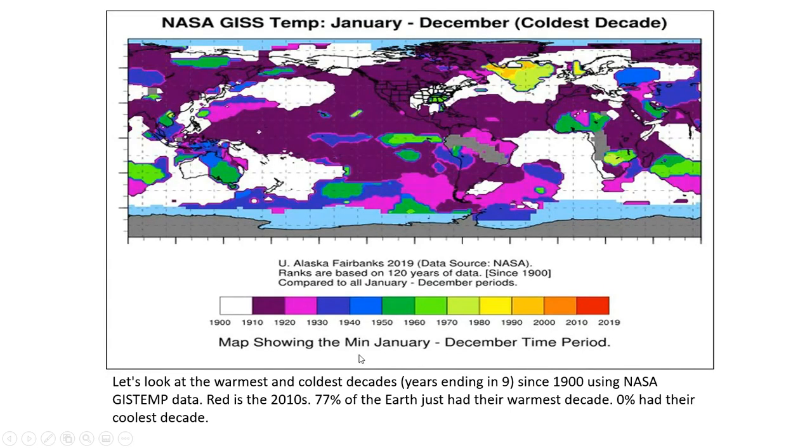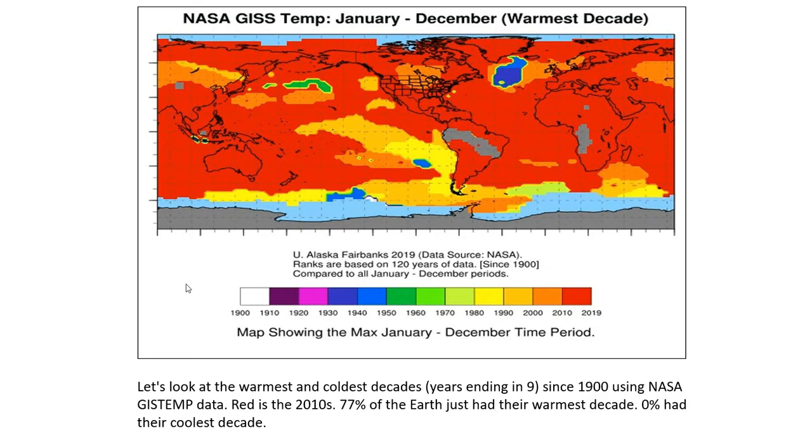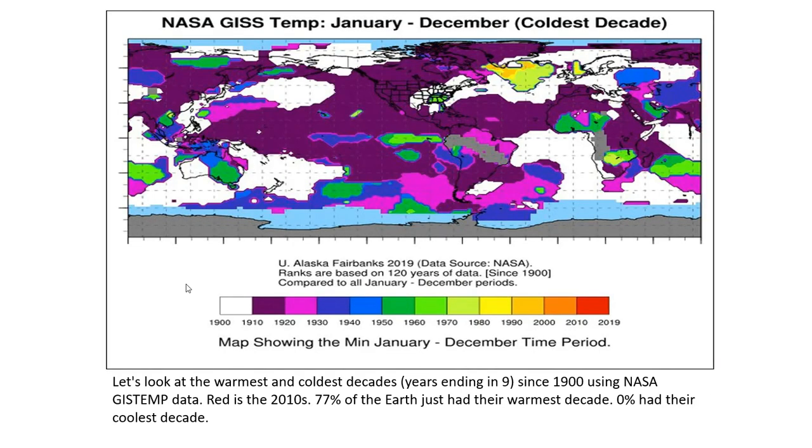Most of the coolest decades were in the early part of the 20th century. That's what these two graphs show. Warmest in the 2010s, 0% had the coolest decade in the 2010s. The coolest decades occurred in the early part of the 20th century. That's what this is showing.